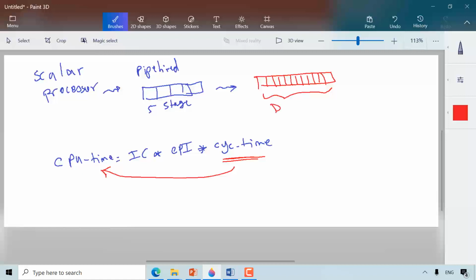Unfortunately, these deep pipelines or super pipelines have many problems, and mainly if you have issues with loads and jumps, and you have to wait. It turned out you waste lots of cycles to resolve the jump and load instructions. In addition to that, whenever you add these pipelines, you add registers and they tend to consume power.